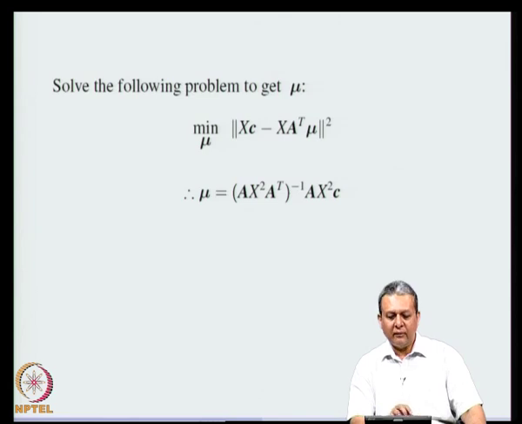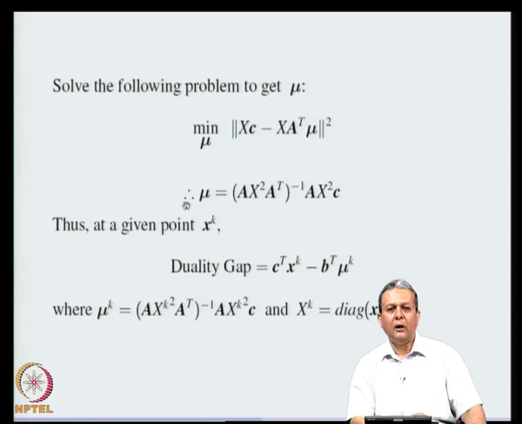So, given x, we first form the matrix X and then use this formula to find mu, and therefore the duality gap at x k will be C transpose x k minus B transpose mu k, where mu k is obtained using X k, and X k is obtained using the current iteration vector x k. So, mu k is nothing but (A X k square A transpose) inverse A X k square c, where X k is the diagonal of the vector x k.